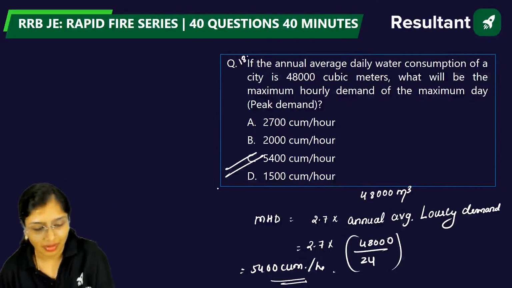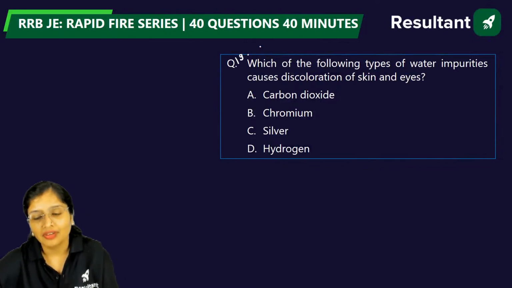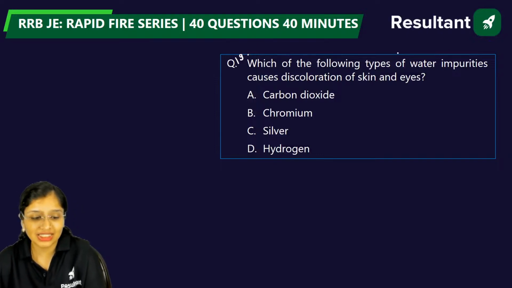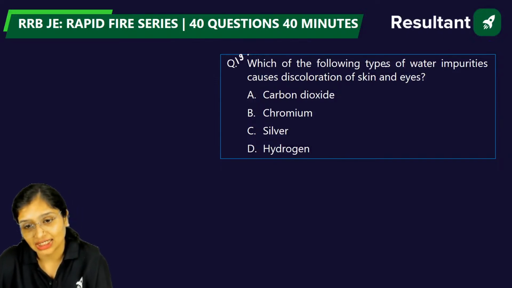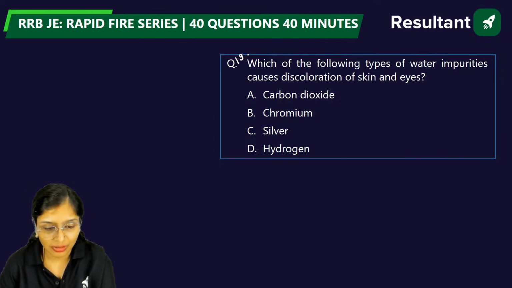Okay. Now, question number 19. Which of the following types of water impurities causes decolorization of skin and eyes? Decolorization of skin and eyes. Come on, guys.